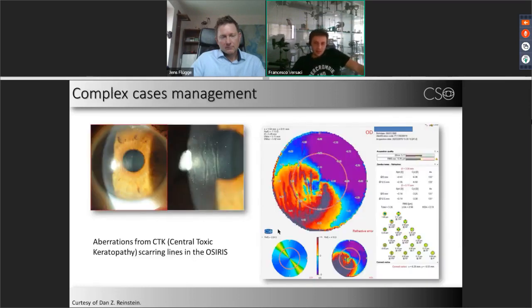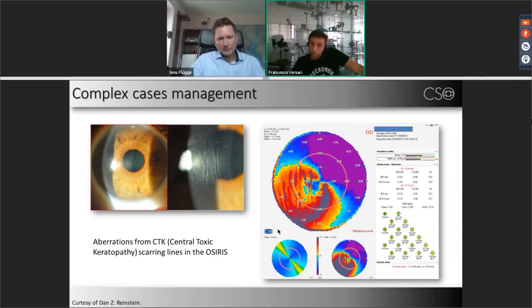This case is another very nice case. It comes from London Vision Clinic. It's from Daniel Einstein. So this one is a case of central toxic keratopathy, and it's not uncommon to have in presence of this issue a lot of aberration and some scarring line on the stroma.